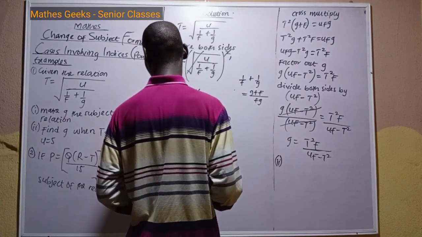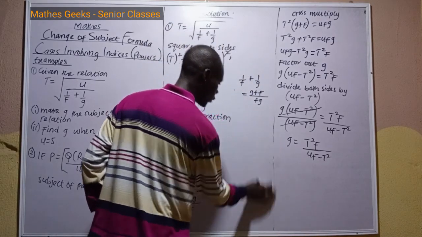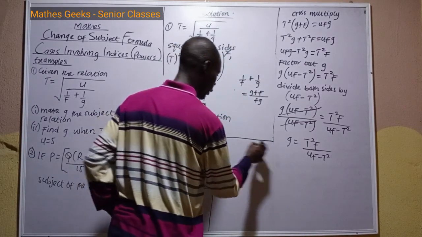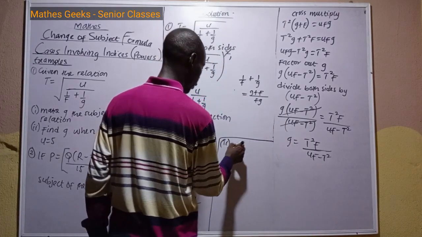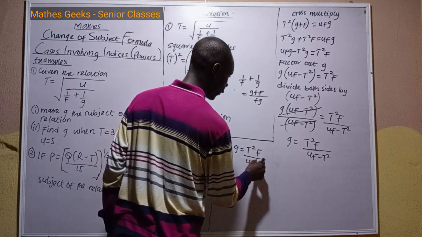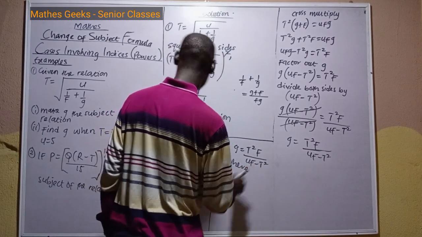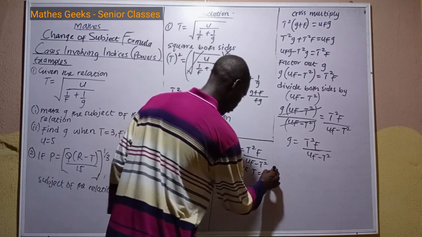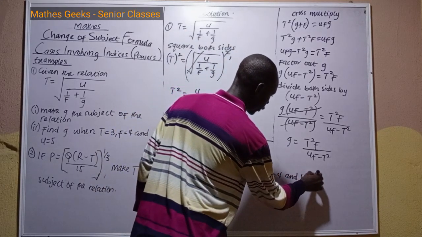Find G when T is 3, F is 4, and U is 5. So I'm going to take this part of the board. Let's see my figure 2. So I'm going to write the first part of the equation again. So G is equal to T squared F over UF minus T squared, where T is 3, F is 4, and U is equal to 5.